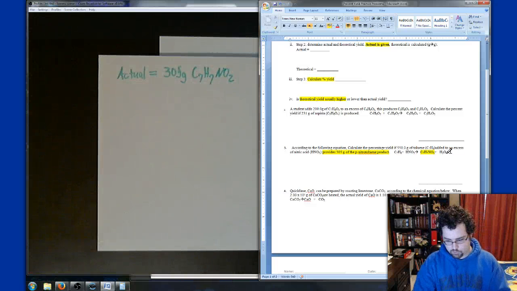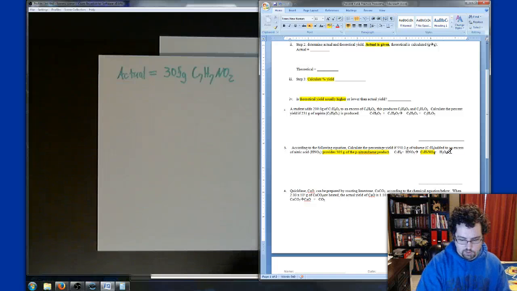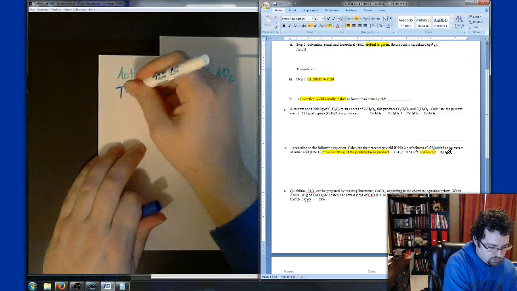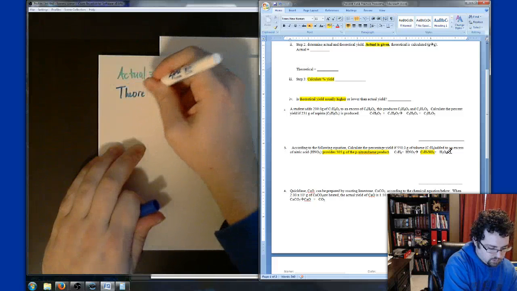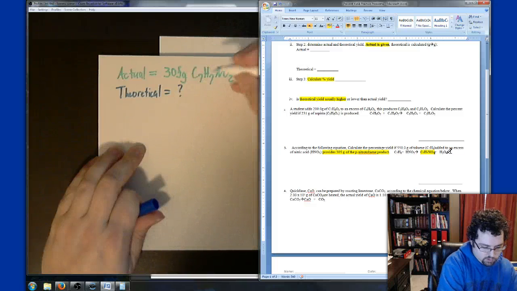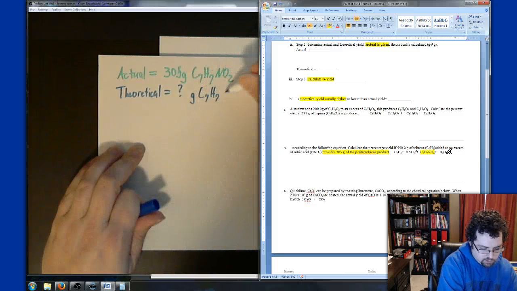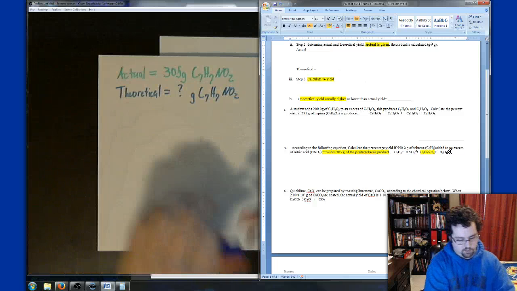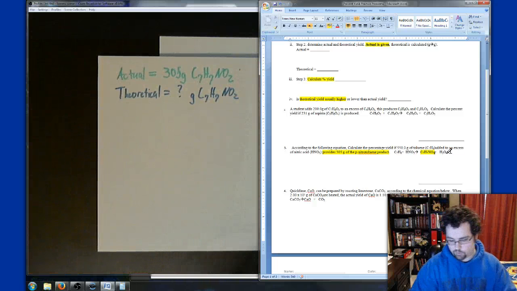That's my actual yield. So now I need to calculate my theoretical yield. I don't know what it is yet, but I know it's going to be in grams of C7H7NO2 because I have to get it in the same units as that to compare.